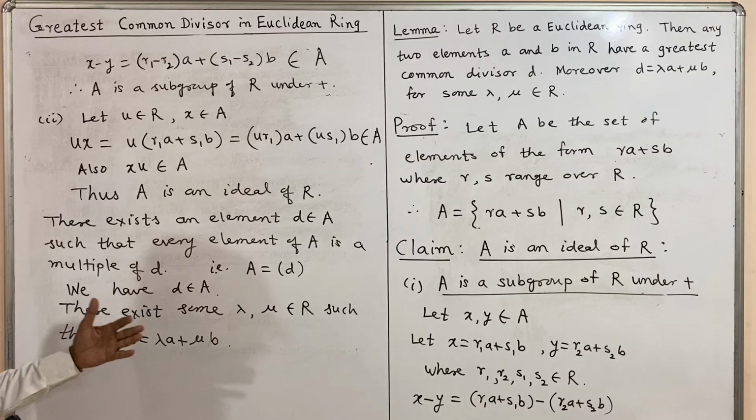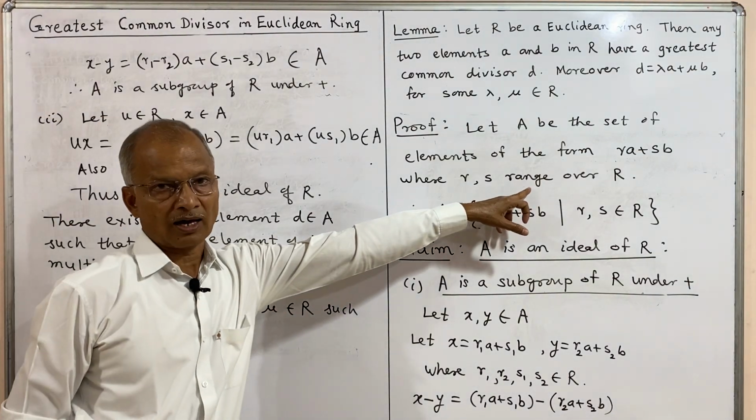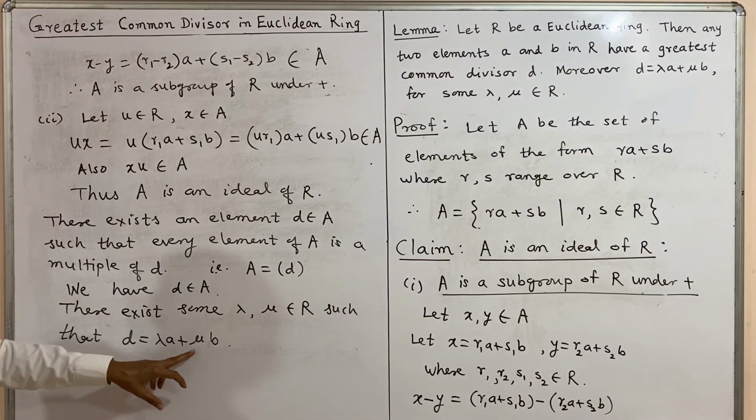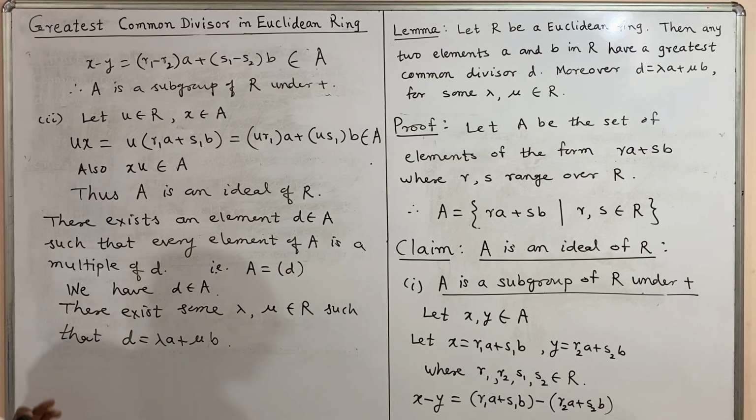These may be different because R and S are not fixed, they range over R, and therefore for this D there exist lambda and mu such that D is equal to lambda A plus mu B.